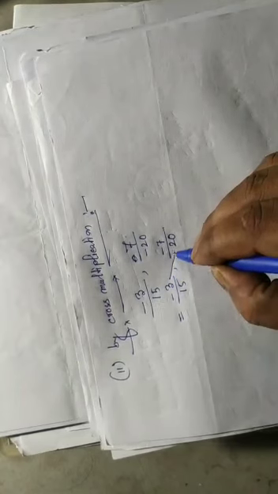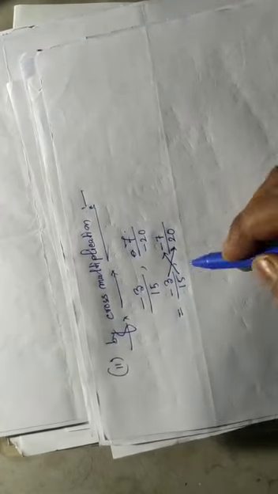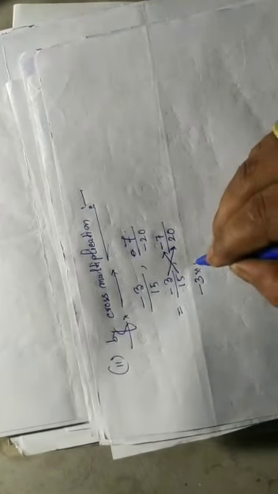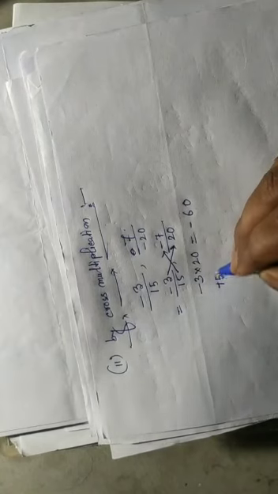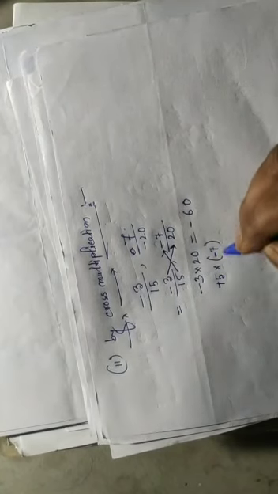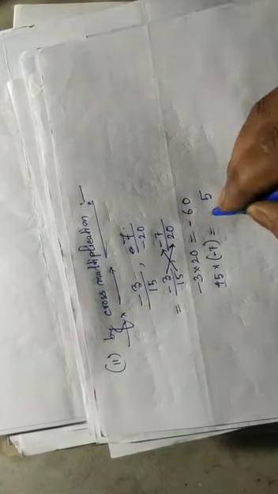Now do the cross multiplication, and always start from this value. Minus 3 into 20 equals minus 60, and 15 into minus 7 equals minus 105. If the first value is bigger, then the first fraction is bigger.